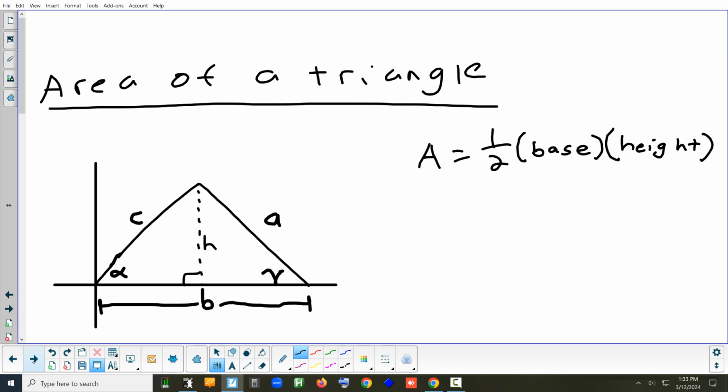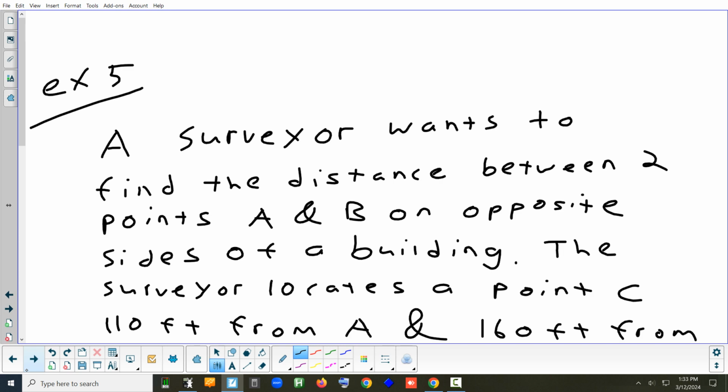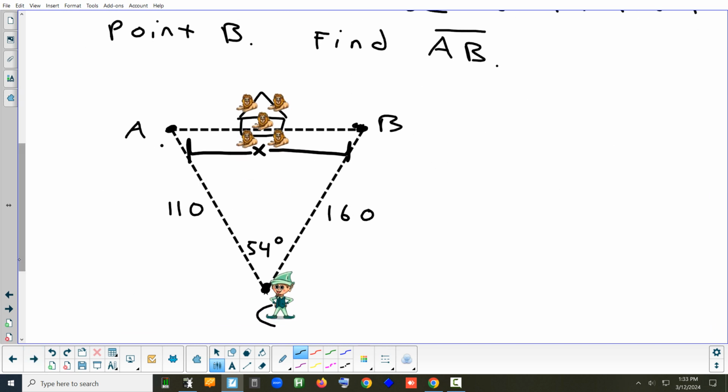And that's great as long as you know the base and you know the height. But what if, just go back to this triangle. What if I gave you that triangle and I said find the area of it? Well, you don't know the height. You could find the height if you thought about drawing in an altitude, and then you could somehow work backwards and figure out what you need.